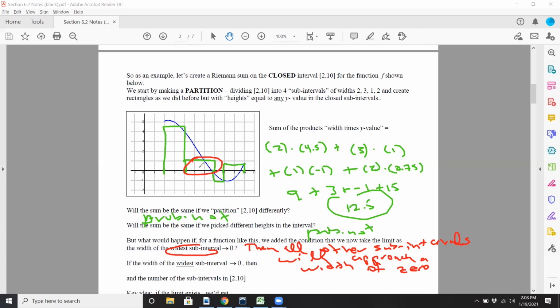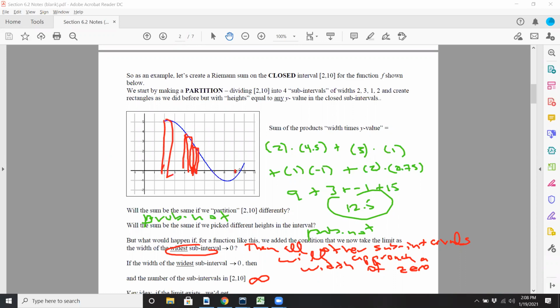And what's going to happen to the numbers? How many subintervals will I have then? Infinite. You'll have an infinite amount of subintervals. So if I were to erase all this right now and say, okay, I'm going to draw an interval, and this interval is going to be super skinny, but I want that to be the widest one. Then I have a whole bunch of other ones that are even skinnier all the way through.